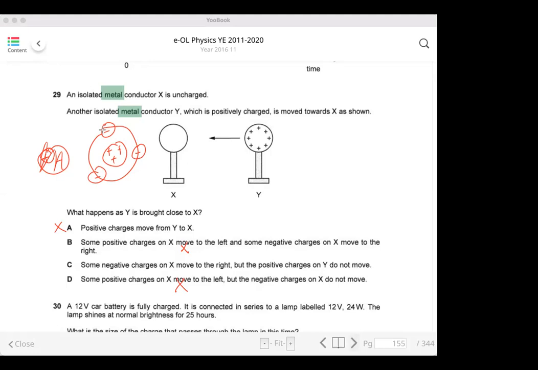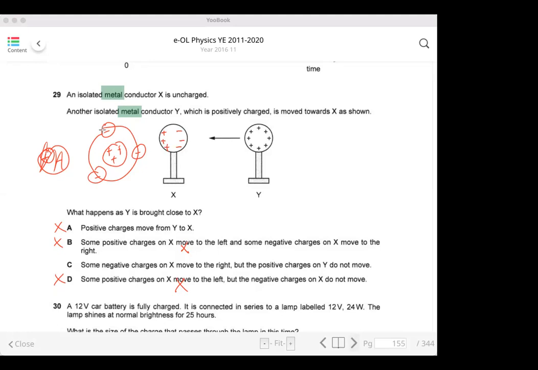Because positive charge cannot move, based on this knowledge, you know that A, B, and D are actually wrong. So the only correct answer is C, but let's understand C a bit better. When you move Y close to X, don't care about the charges for now, but what happened is the right side becomes negative, the left side becomes positive.